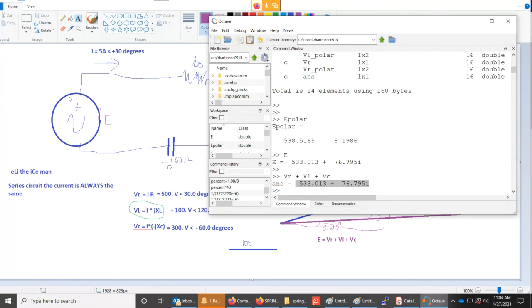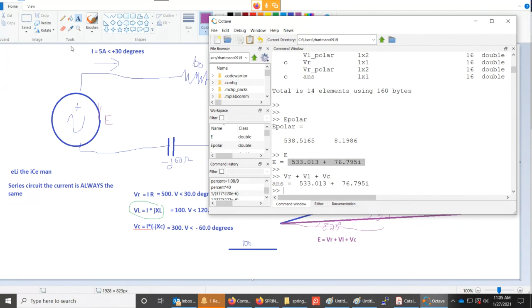So you can actually do this algebraically inside of the Octave software. You can add VR plus VL plus VC and it will give you E. Of course, it's given us E in the rectangular form, because that's the way it displays it by default.